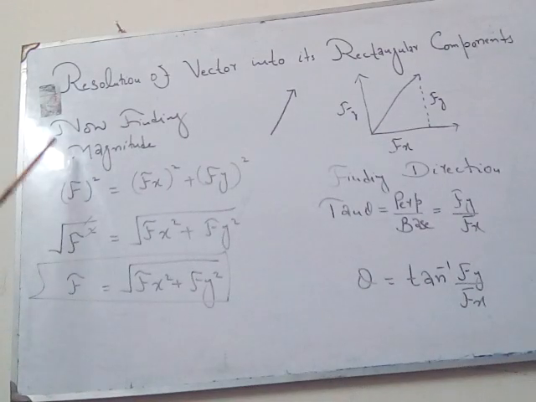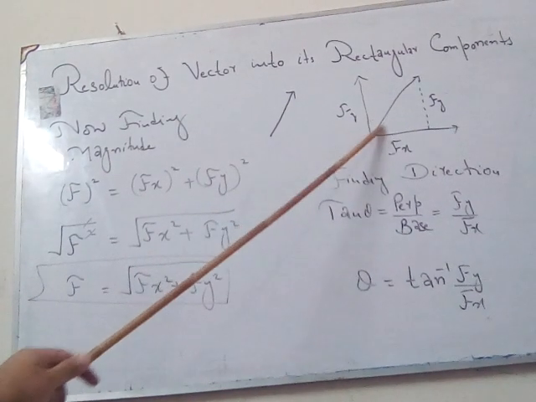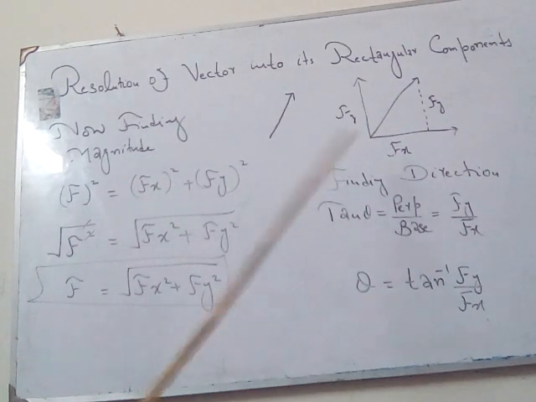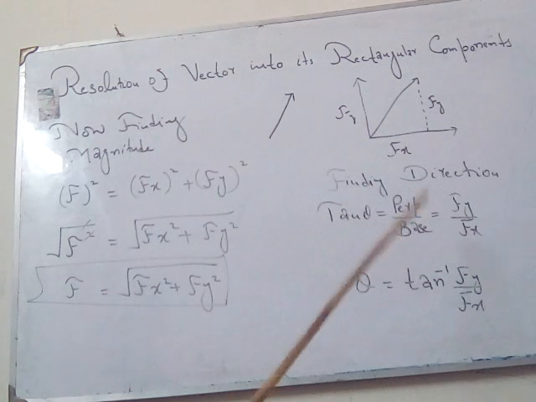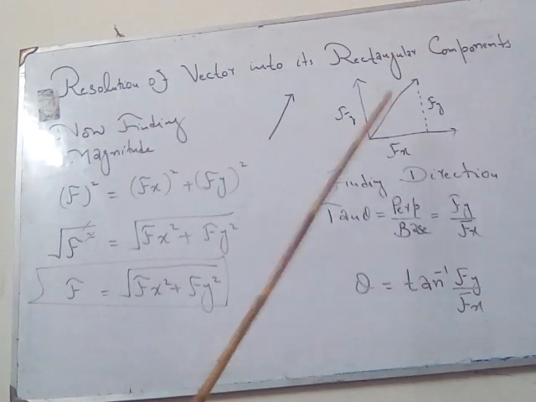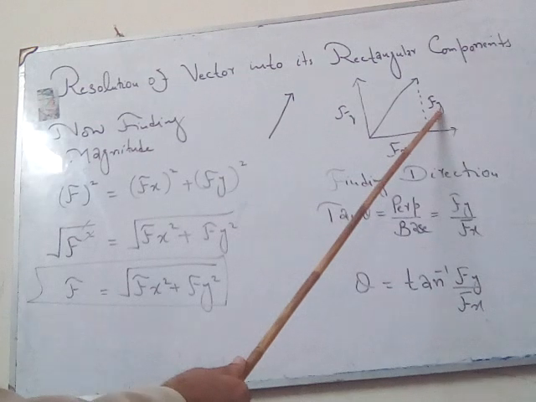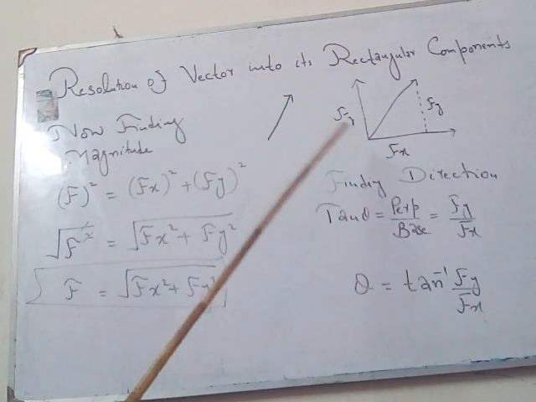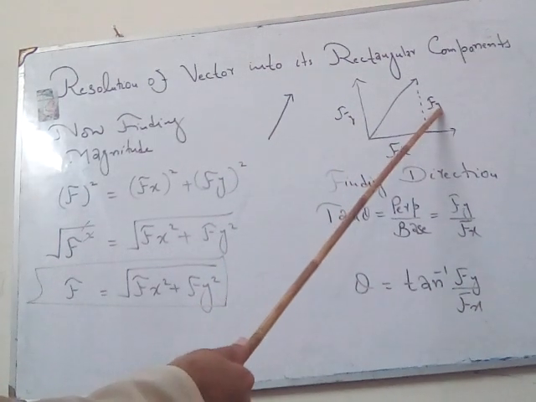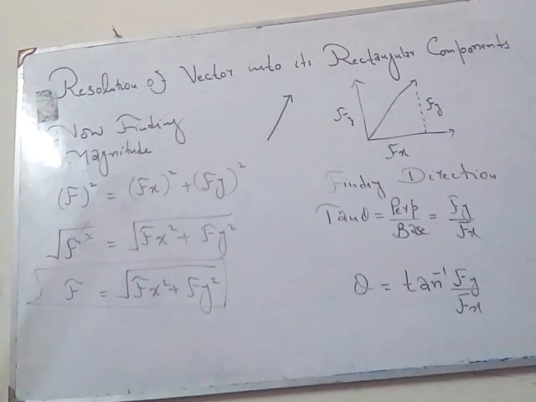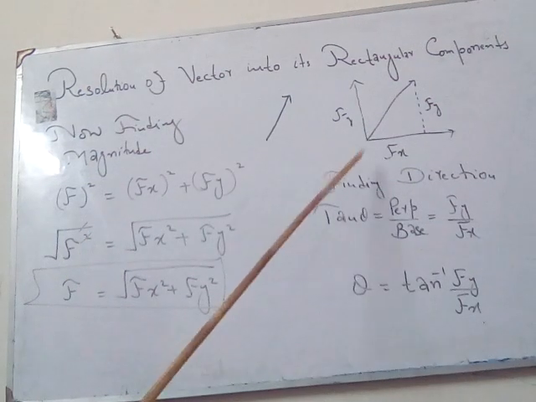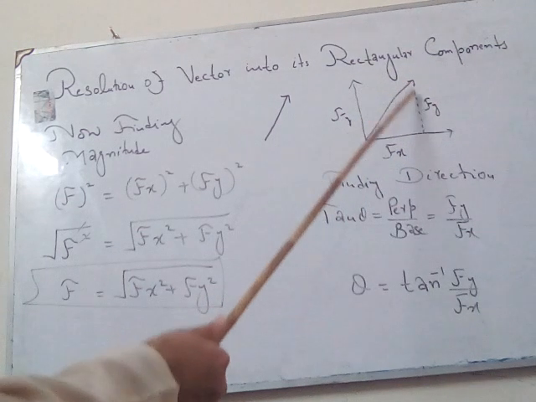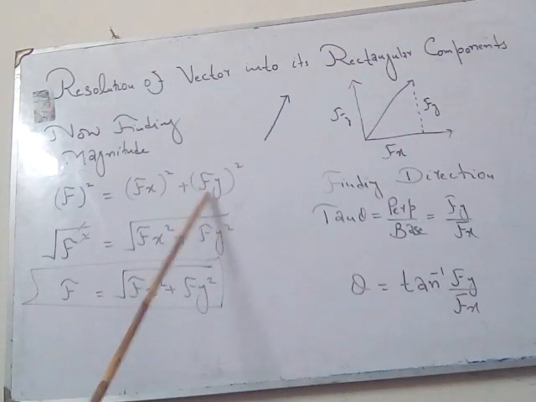Now in order to find the magnitude and direction of this force vector F, we will use the Pythagoras theorem. According to the Pythagoras theorem, base squared plus perpendicular squared is equal to hypotenuse squared. Putting this in the equation, hypotenuse squared, that is F squared, is equal to base squared, that is Fx squared, plus perpendicular squared, that is Fy squared.